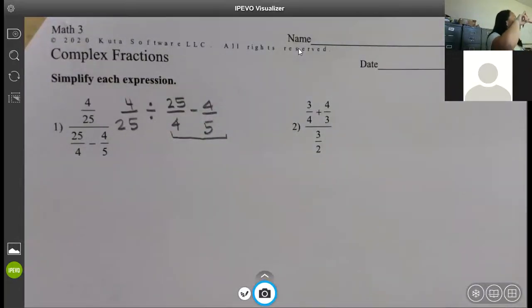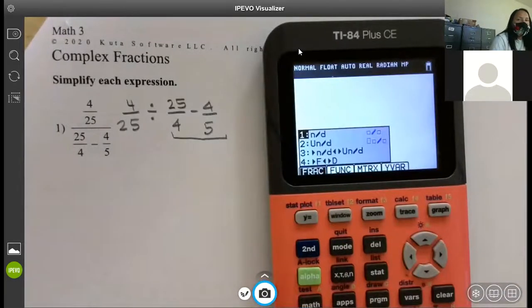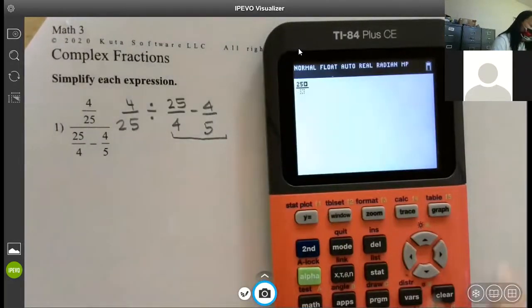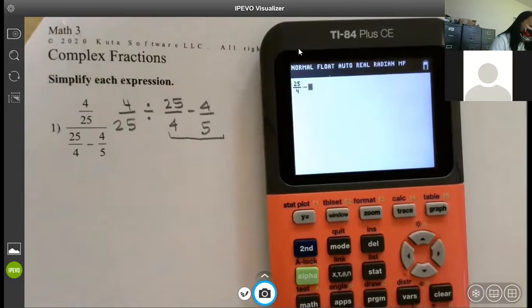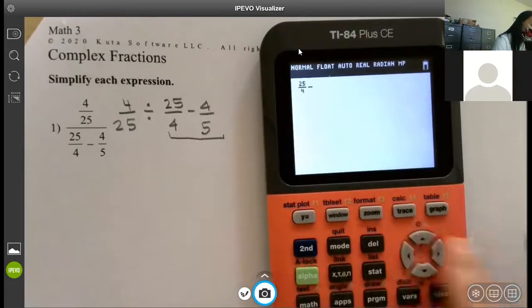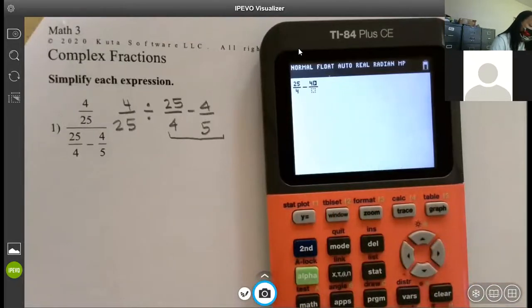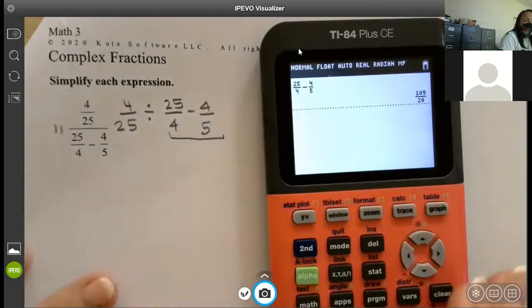Remember, if we're doing it by hand with variables, we cross multiply. So here's what I'm telling you. I'm going to go ahead and simplify this part. 25 over 4 minus 4 over 5 gives me 109 over 20.